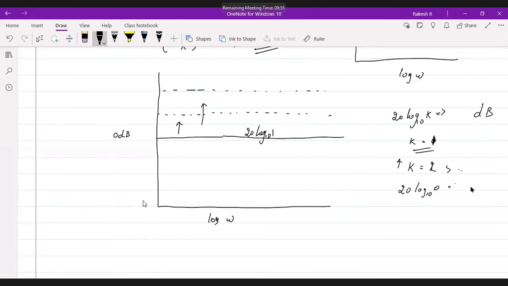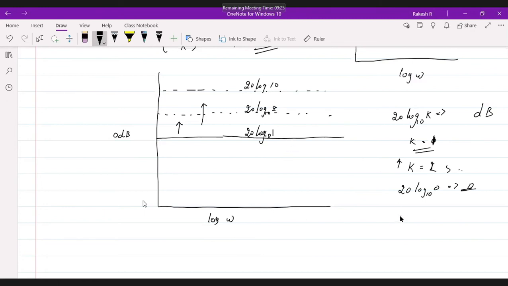So when you take 20 log k with k equal to 1, that will be 0 dB. When you start increasing the value of k to 1, 2, 3, etc., the system will be moving upward. That is 20 log 2, 20 log 10, etc. Like this, the complete system is shifting upward.